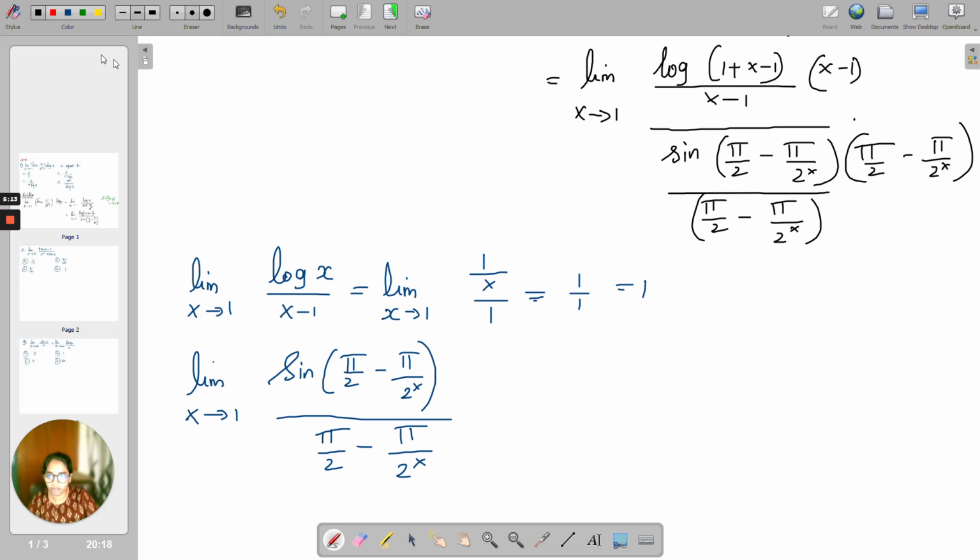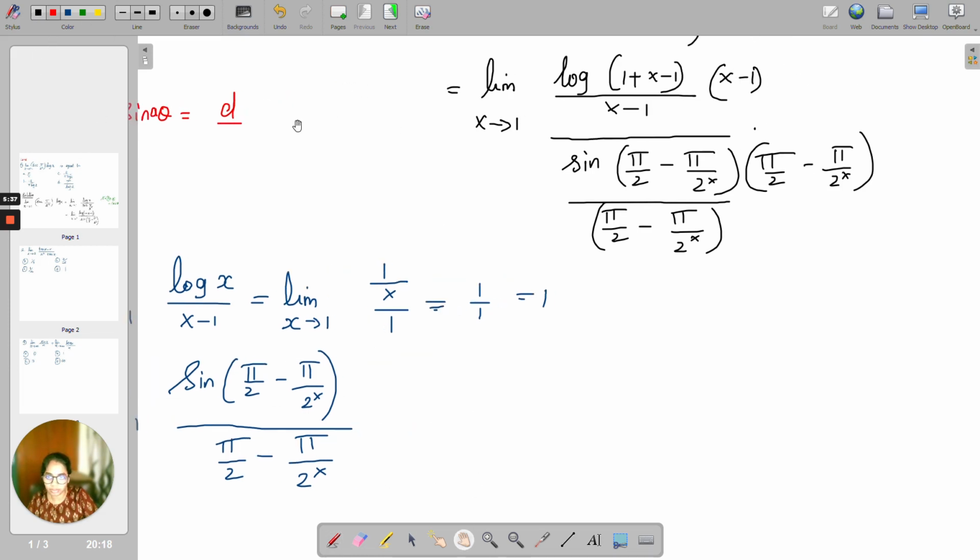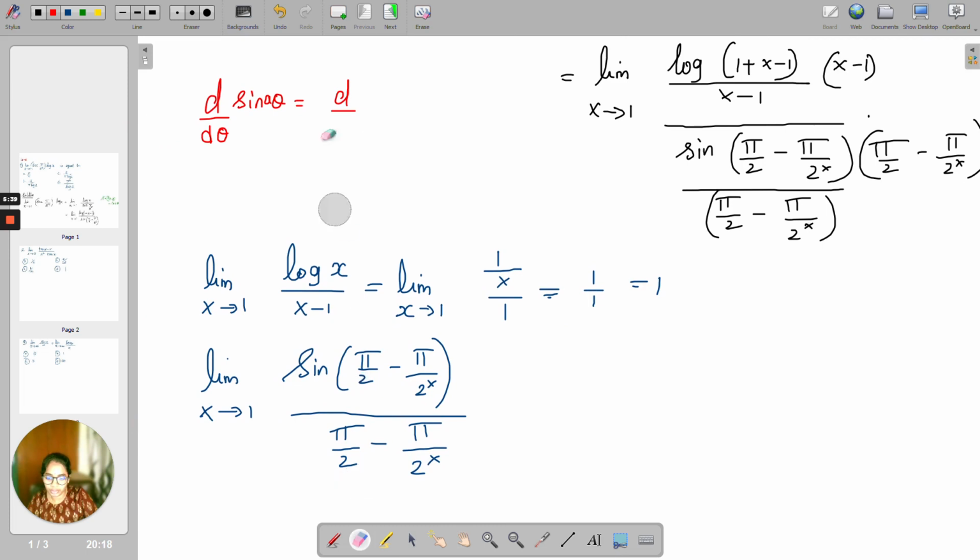Let me write down the formula for you. If I have to differentiate sine a theta, a is a constant, right? Let me take it as something else.